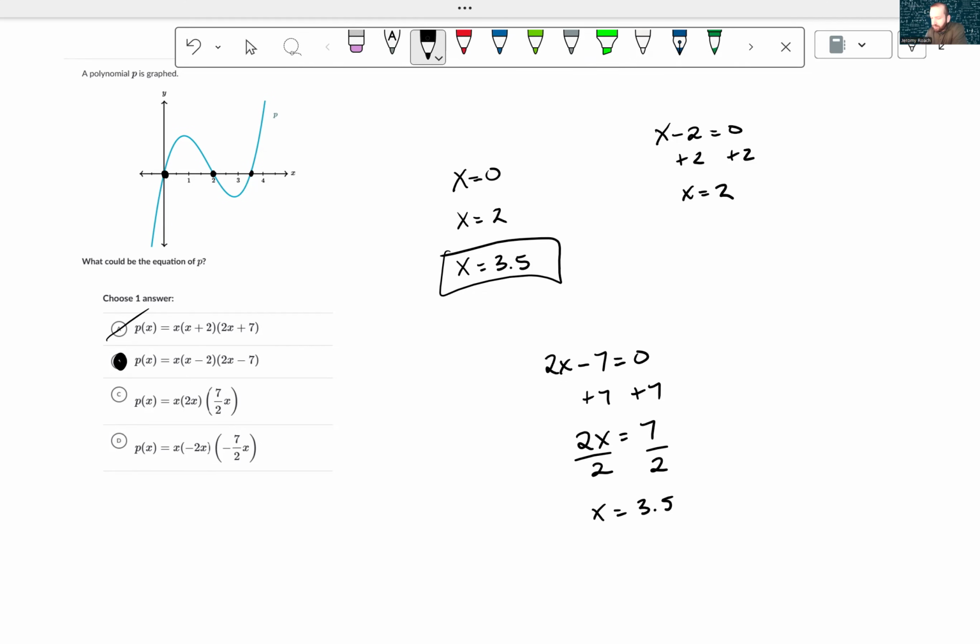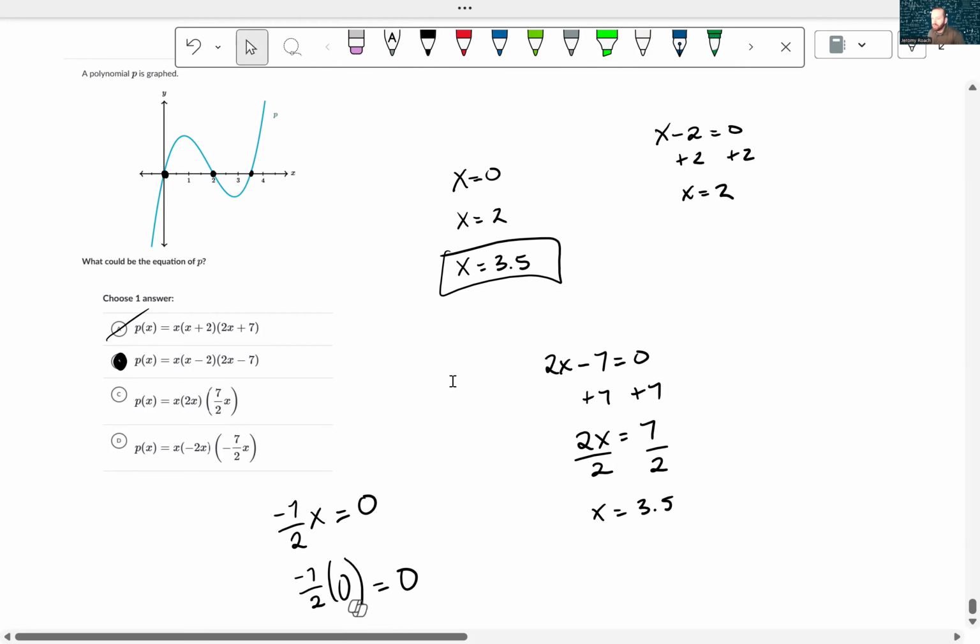Let's take a look at that. For D, we'll set negative 7 over 2 x equal to 0. We have to say x is 0 because negative 7 over 2 times 0 is the only way we're going to get 0. So that's how we do these.